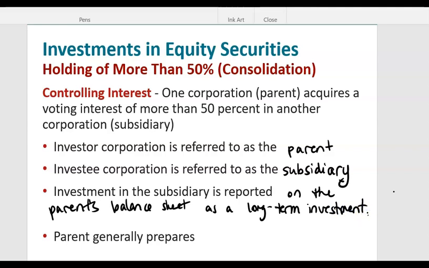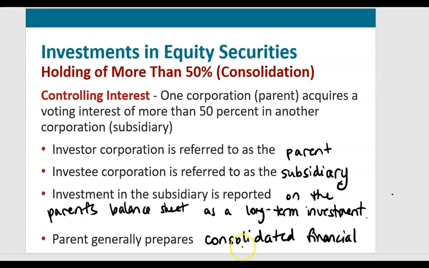And generally, the parent is going to prepare consolidated financial statements. Again, we don't see any examples of working through holdings of more than 50% because that accounting treatment is consolidating the two sets, the subsidiary together with the parent's financial statements, and that's covered in advanced accounting.